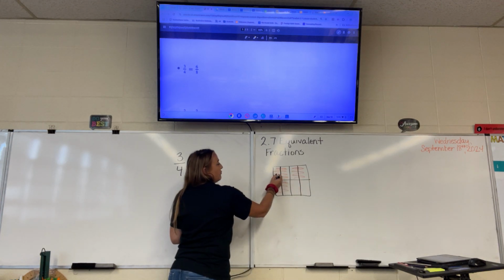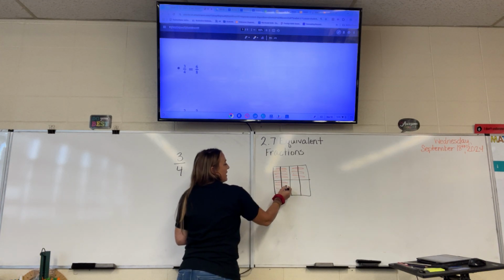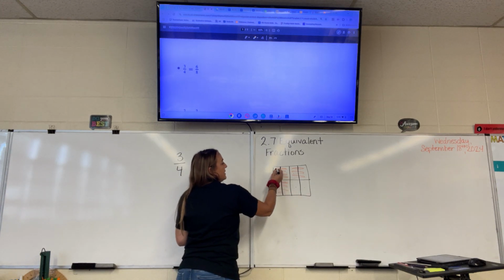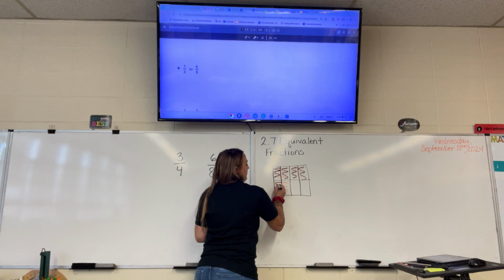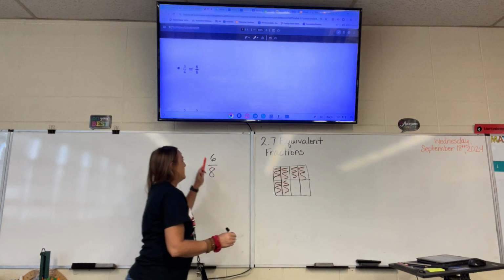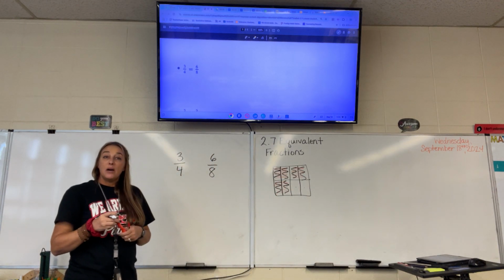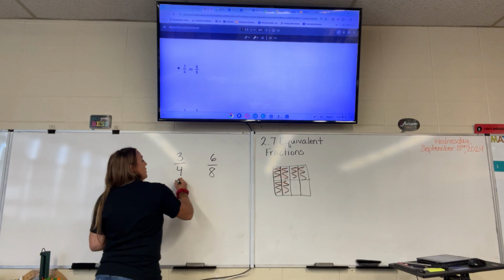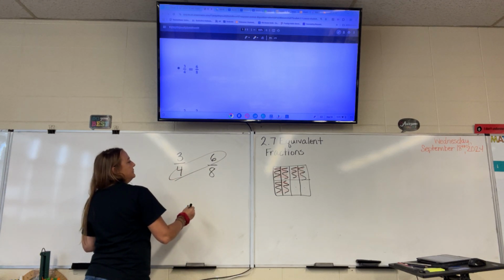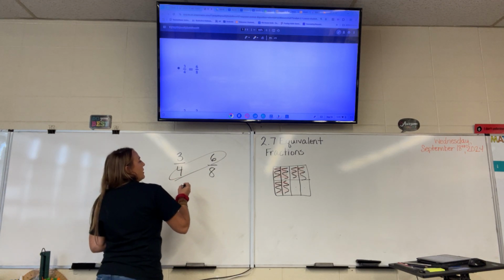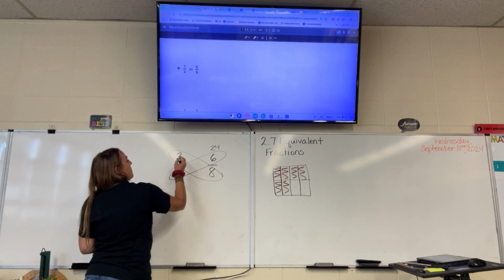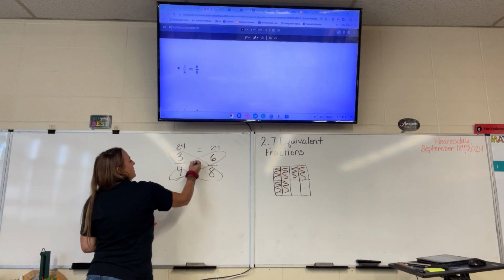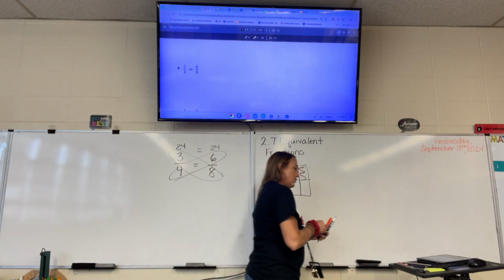So now I have 1, 2, 3, 4, 5, 6, 7, 8 parts, and 1, 2, 3, 4, 5, 6 are shaded. So 6/8. So on our model, it looks like it works. What's 4 times 6? 24. 8 times 3? 24. So those two things are equal, so that is a true statement.